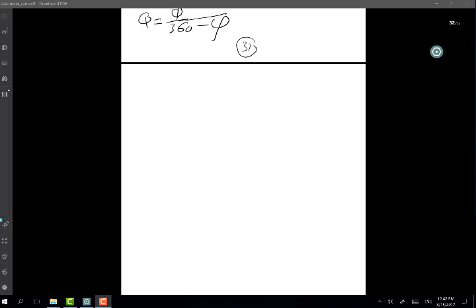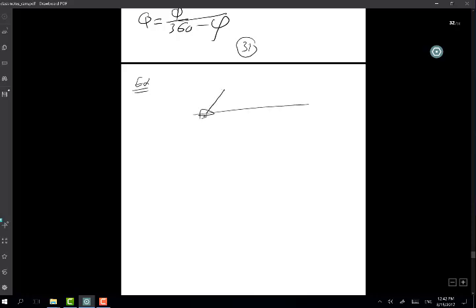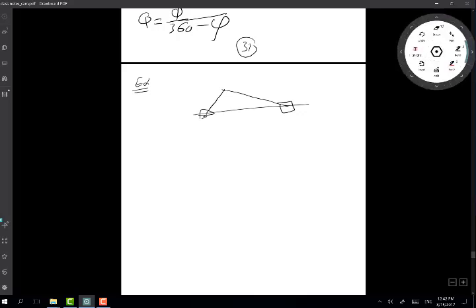All right, just a simple example where the time ratio is 1 is this linkage here. Over here this link moves on a circular arc again, so it moves in a circle, and here is one extreme position.